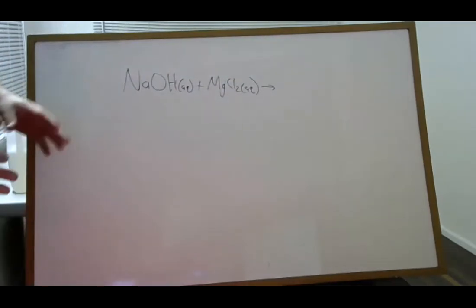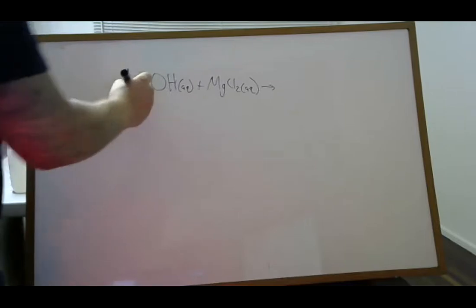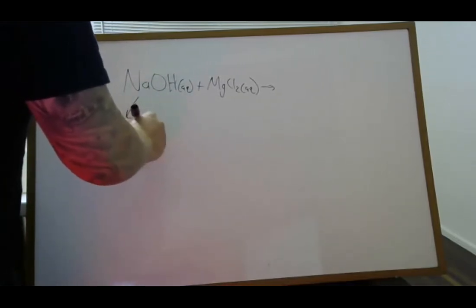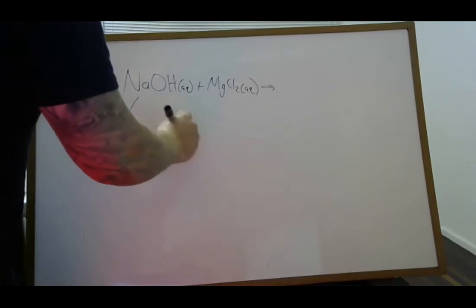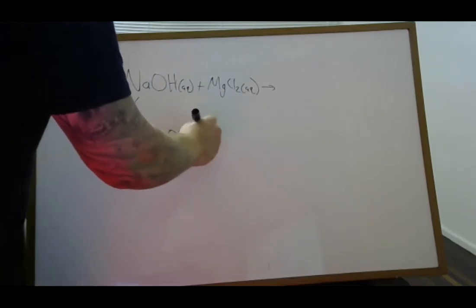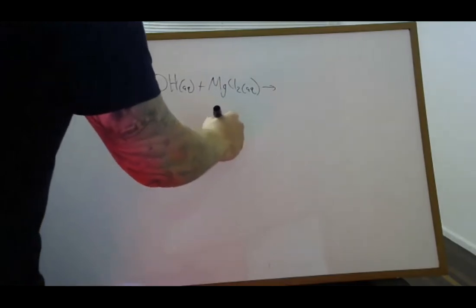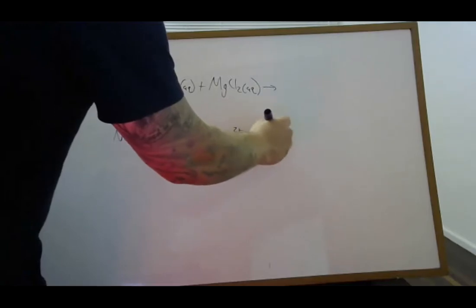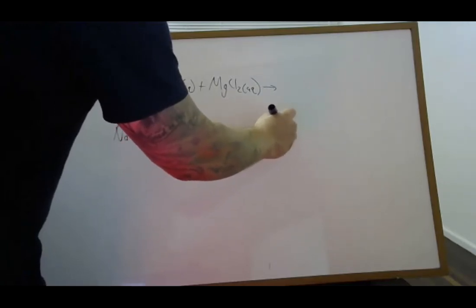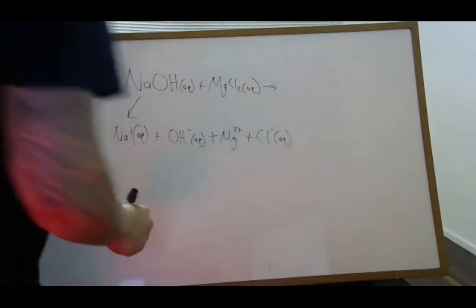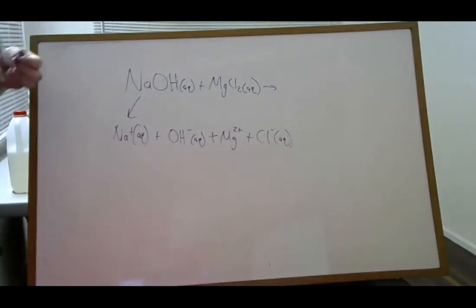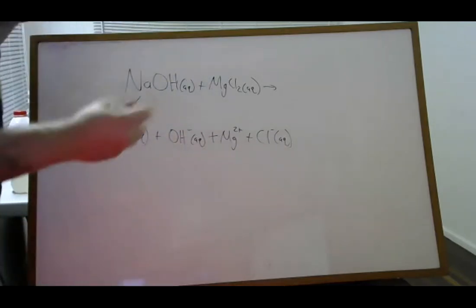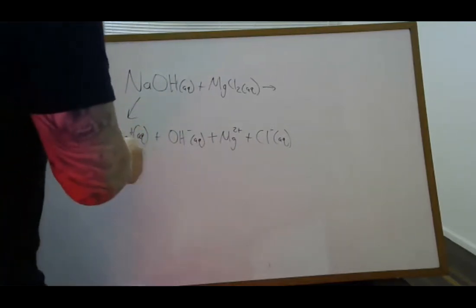In a double displacement reaction, we end up with Na+ in solution, OH-, and because they're all at different charges, they'll rearrange themselves.